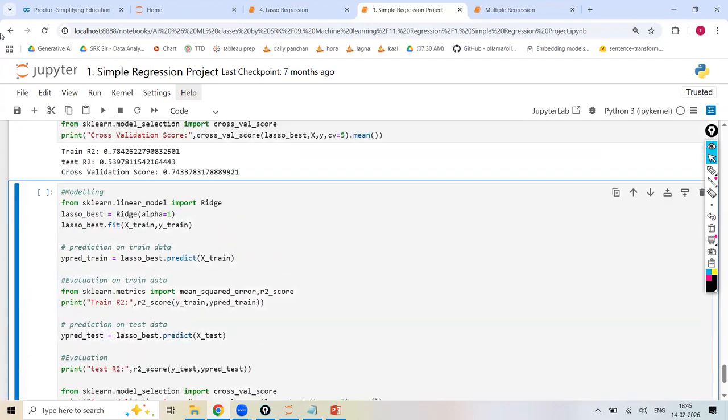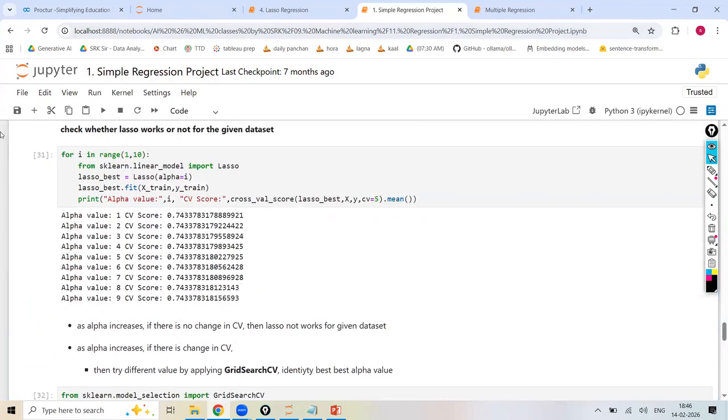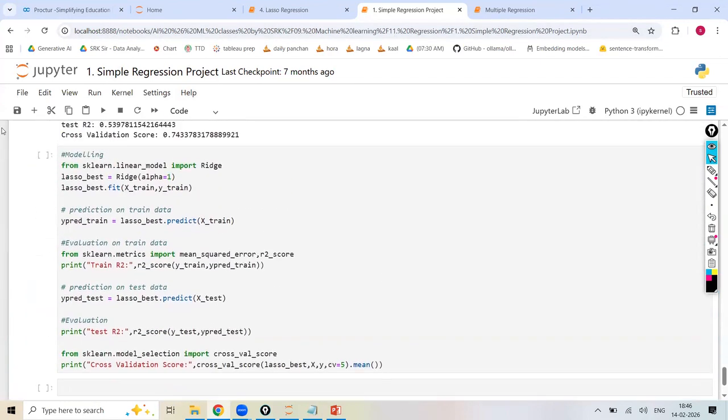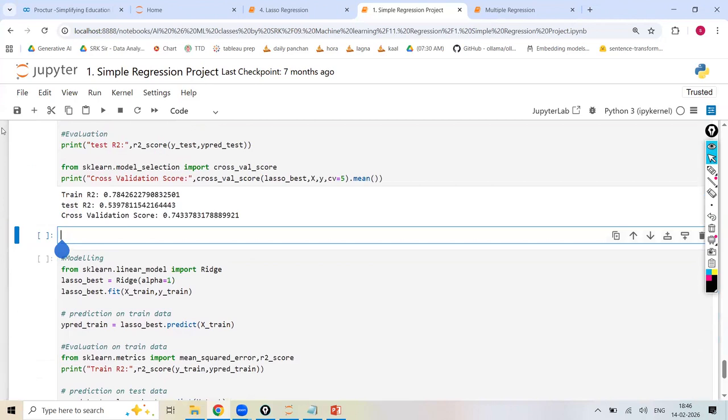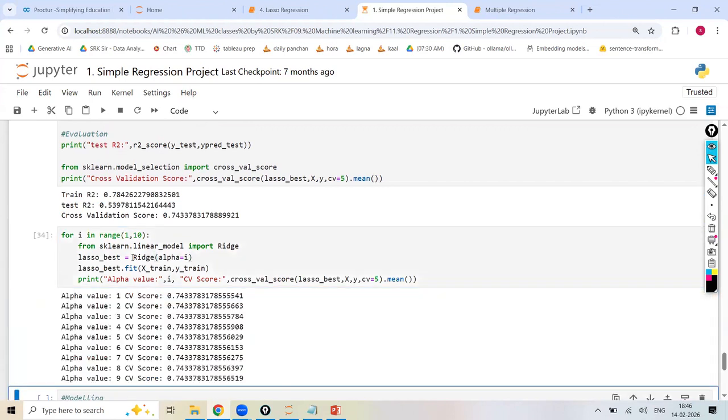Sir, lasso is not working, means what about the ridge? Same logic applies for the ridge also. Copy and paste. What happens? One code just for the given data set, whether ridge is working or not, first cross check. How to cross check? You import the ridge and here you take the ridge. Do this one also for this and cross check.